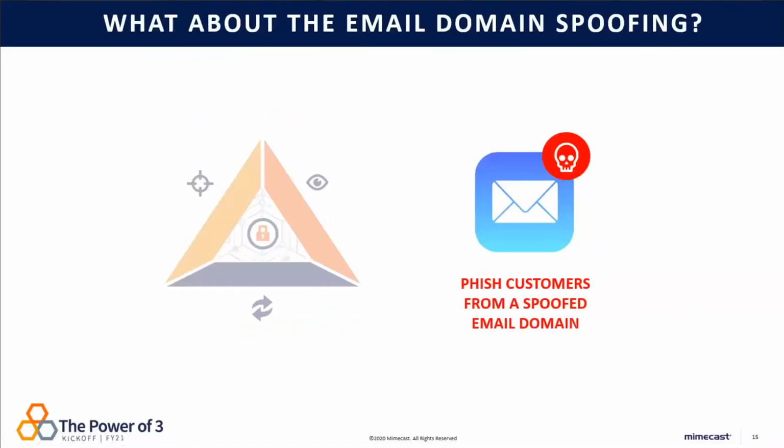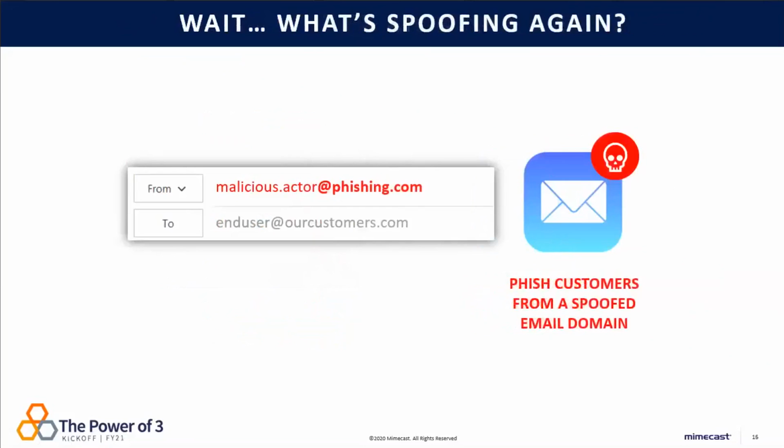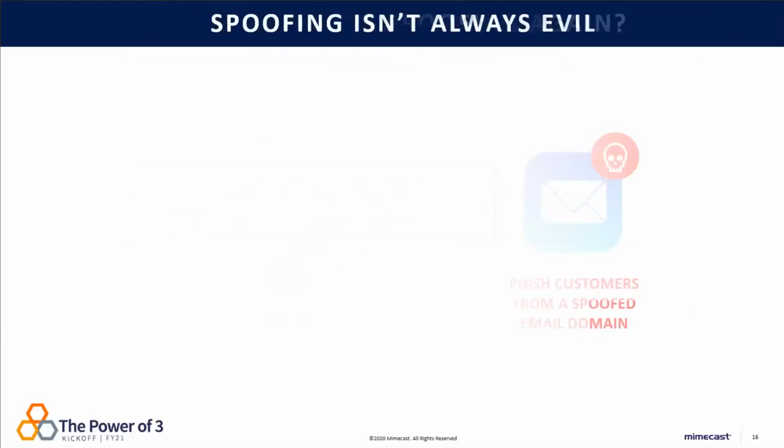You may have offices in the UK, in the US, in India, in Saudi Arabia, just across the world. And so, to understand what spoofing is, it's essentially a malicious actor that's impersonating your own domain. So it looks like it's coming from your own domain, but it really is a malicious actor.